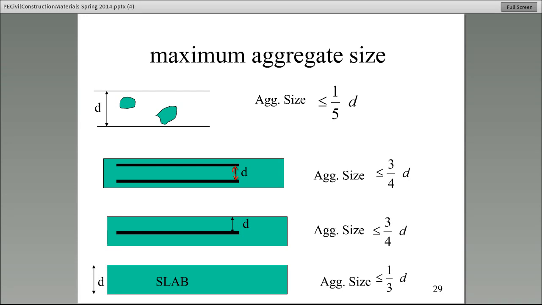So the aggregate size should not exceed, which means should be less or equal to 3/4 of the clear spacing between the rebars, D. And the answer was this, 3/4. All right? Guys, any one of these could be the one that is on the test.